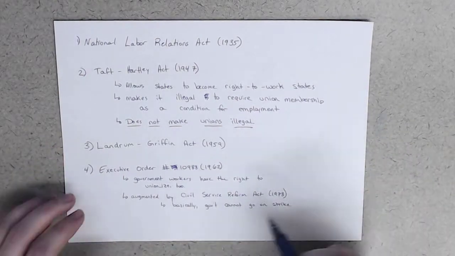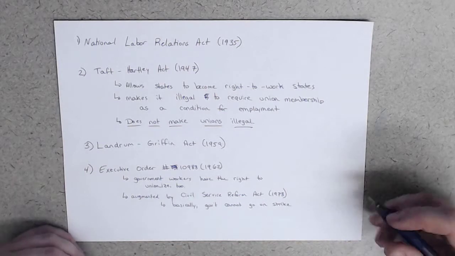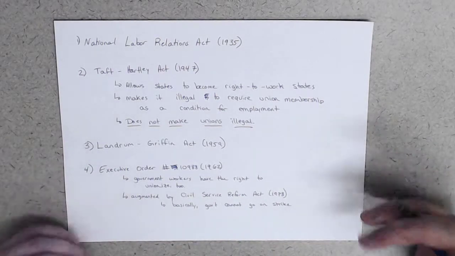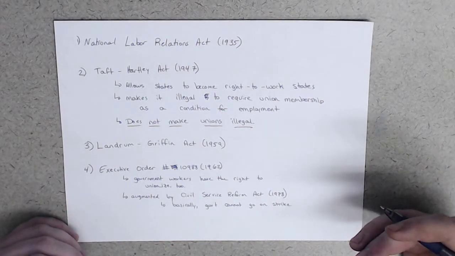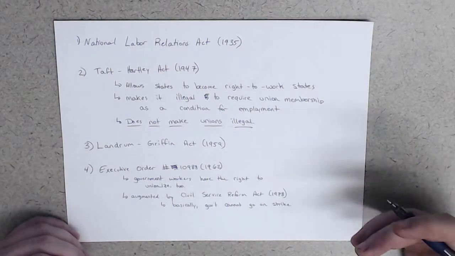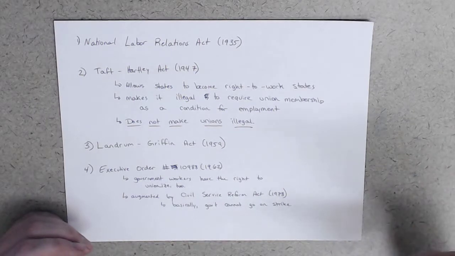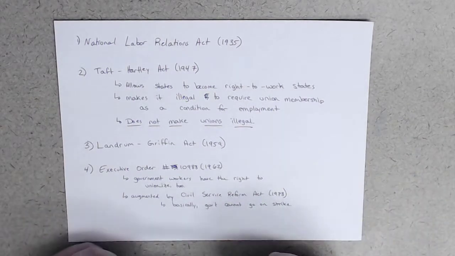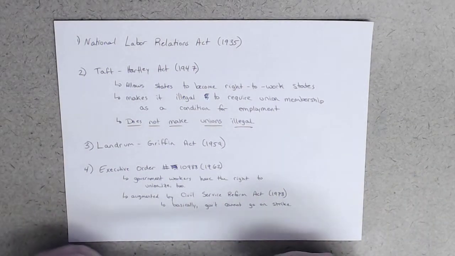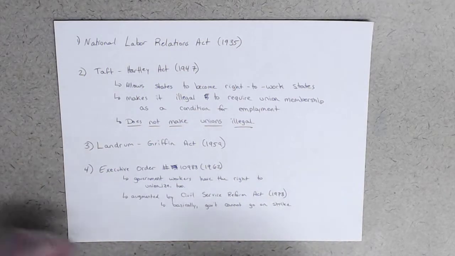And the basic thinking behind the Civil Service Reform Act was not to try to rob government unions of their power, right? It was to basically protect the American people. It says that government workers are not allowed to go on strike because what they are doing is of vital national security.